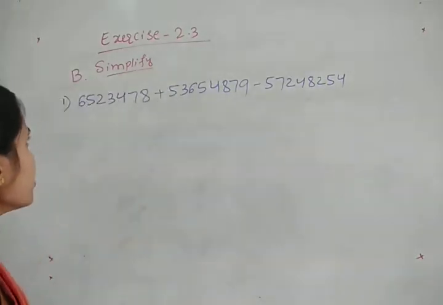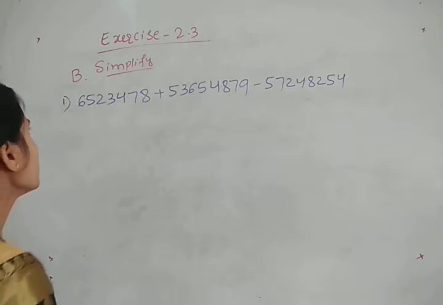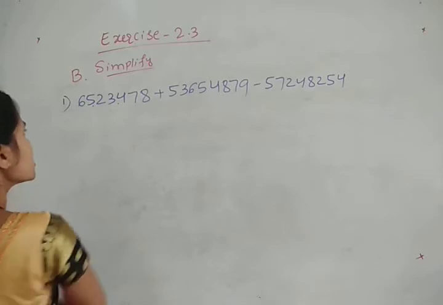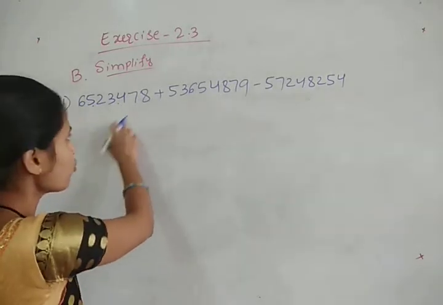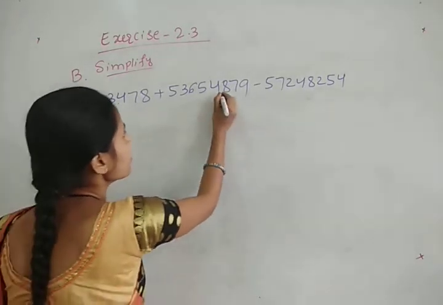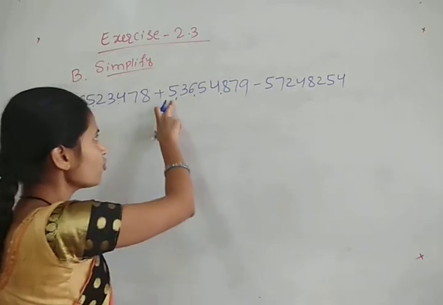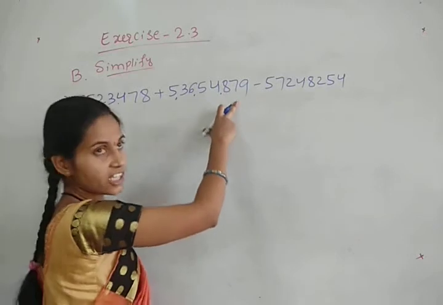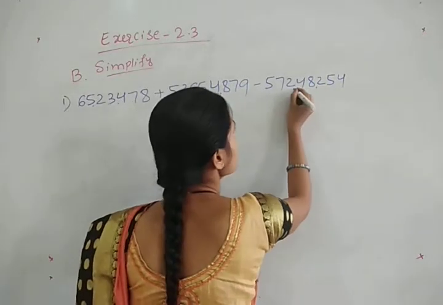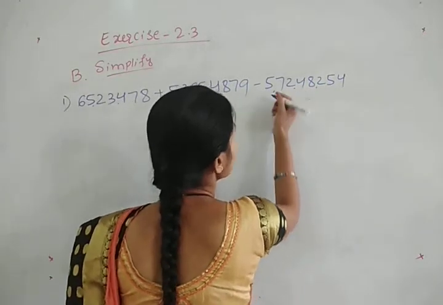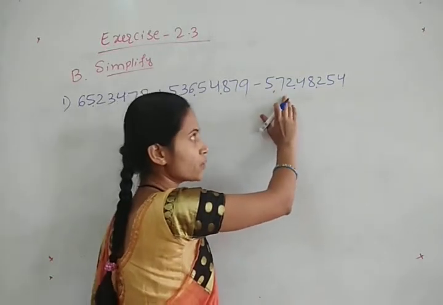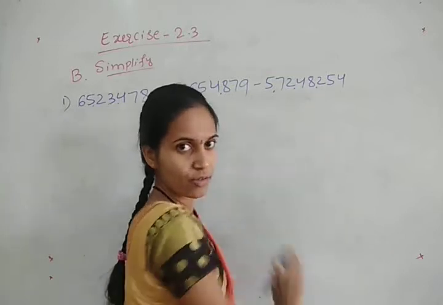So here we have 65,23,478, and here we have 5,36,54,879, and here it is 5,72,48,254.